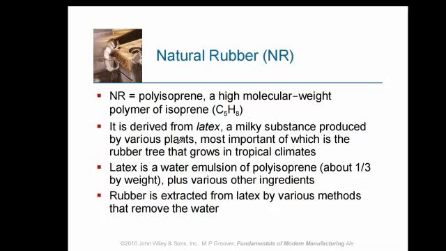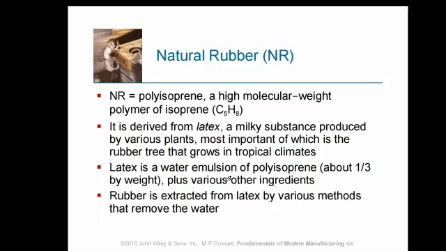So latex, if you detach a mango fruit from a tree, there is this sap, white sap which comes. It's also latex. Okay, and the most important plant is the rubber tree, and it grows in tropical climates.